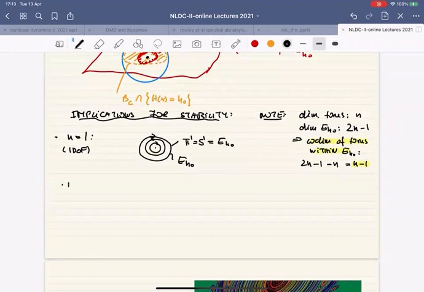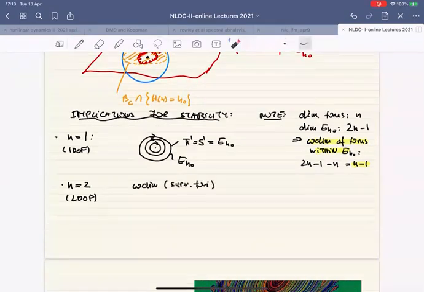Let's look at the next case though, n equals 2. So this is a 2 degree of freedom Hamiltonian. So when you have a 2 degree of freedom Hamiltonian, I already went through that exercise here, the codimension of the surviving tori from this formula here is what?